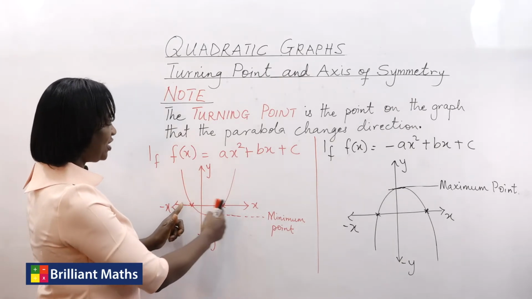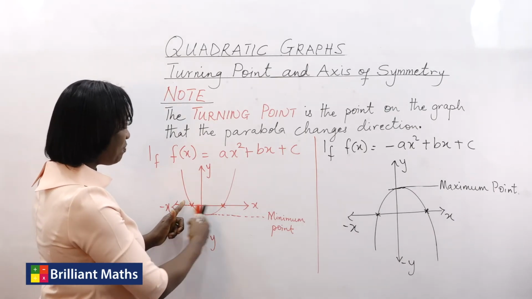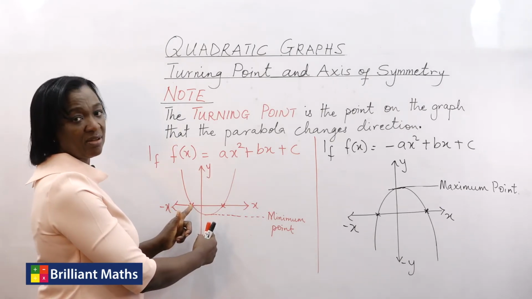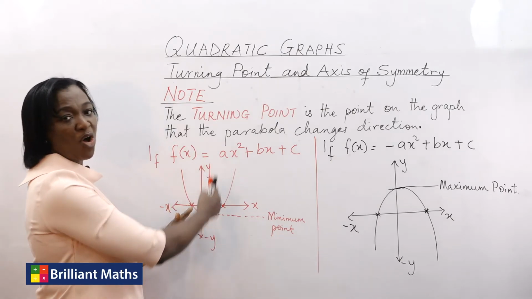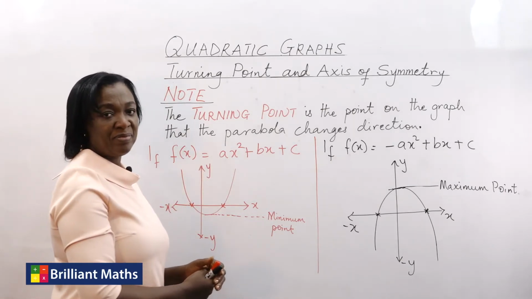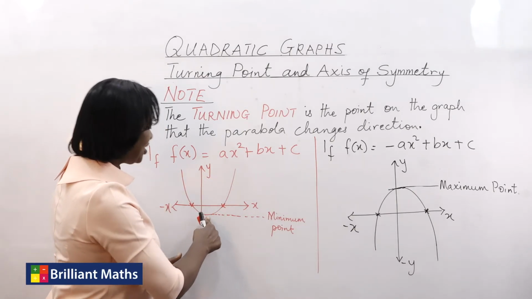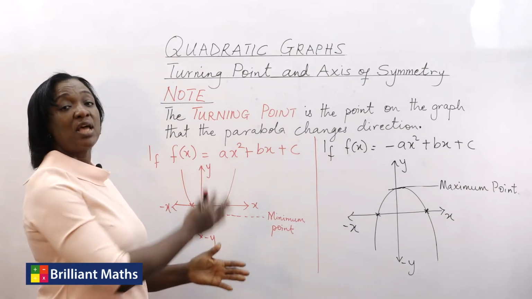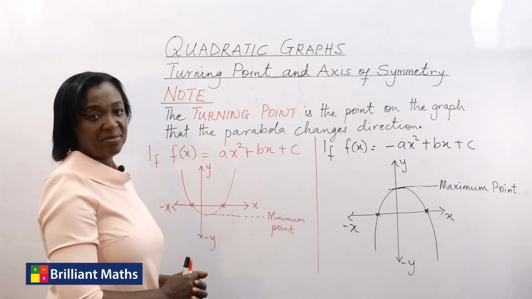So those two points are the solutions of the graph. Then you find the midpoint of those two points. The x-coordinate of that point is the axis of symmetry. So you find that axis, and that line, the axis of symmetry, is parallel to the y-axis.